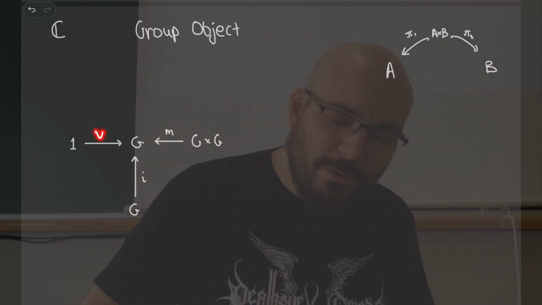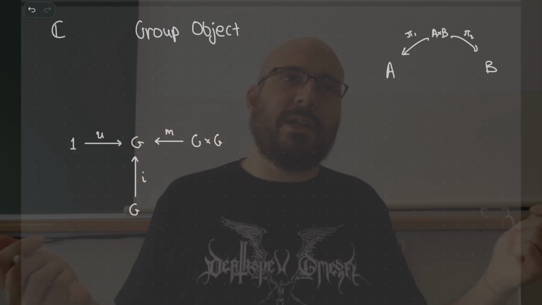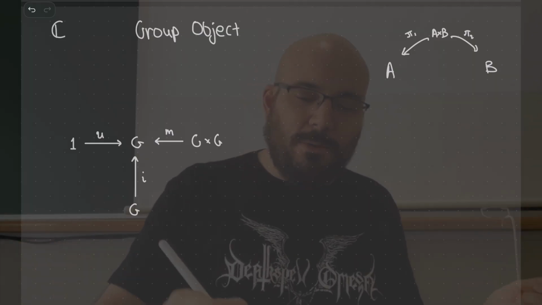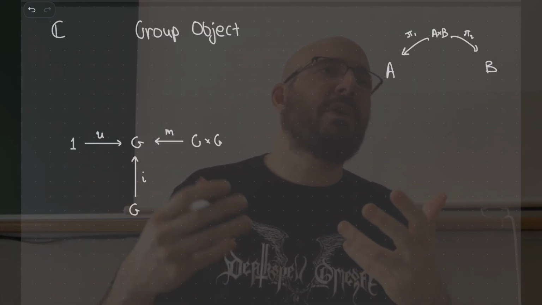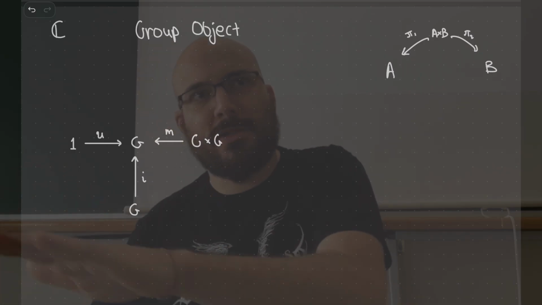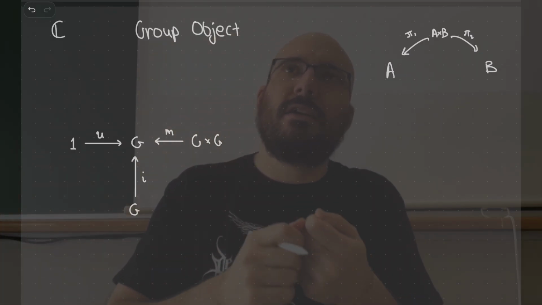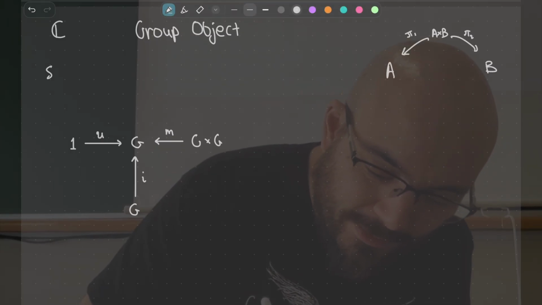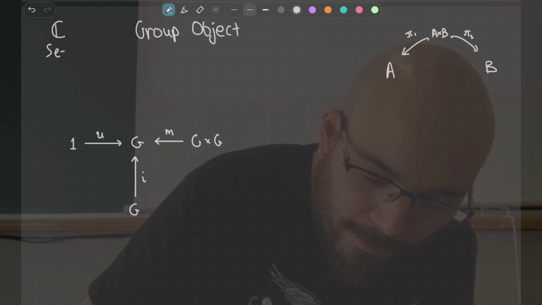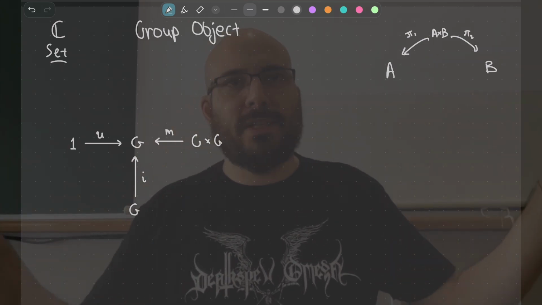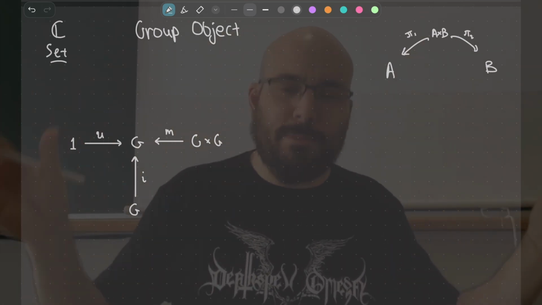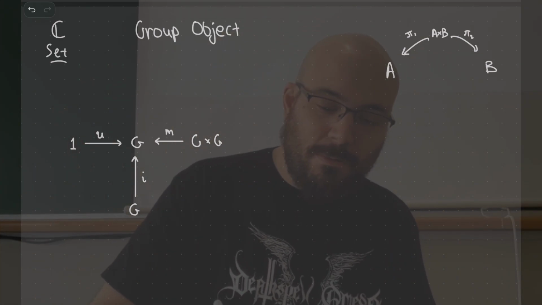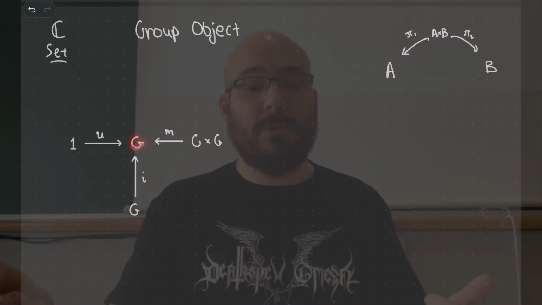Okay, so U is, if I think of the groups that I know, what is the usual definition of a group that you see in the first or second semester where you see it? It's a set, okay, so let's pretend for the time being that this category is set. The whole point is to liberate me from this idea, okay? But let's see what happens in set. So these are sets, so it's a set together with what things?